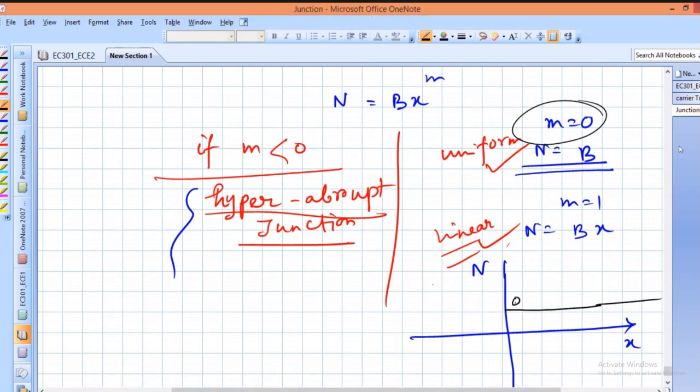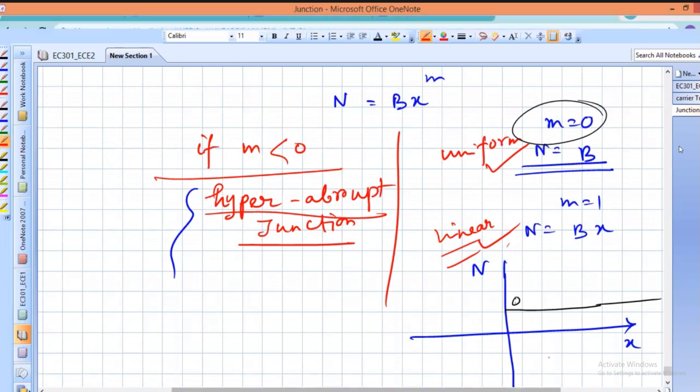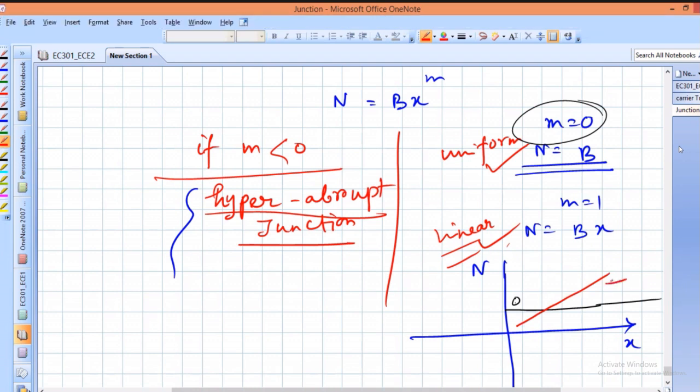It is for 0. Suppose I consider linearly graded, that means somehow in that way this will vary. This is 1, m is 1.